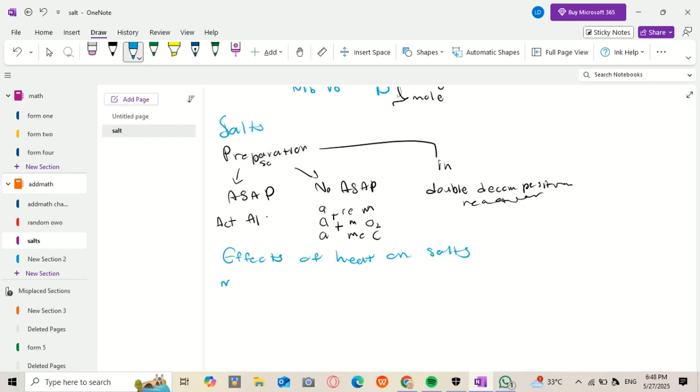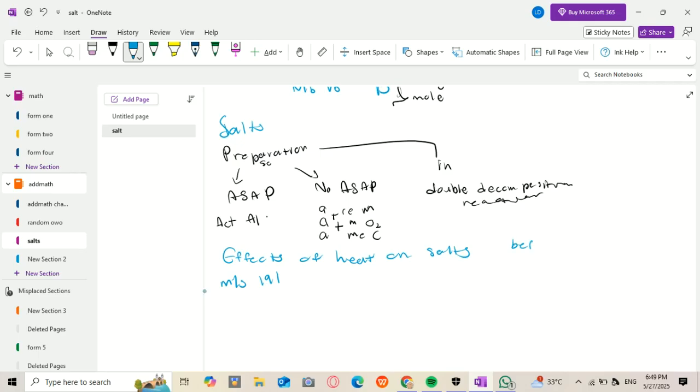So you go on the textbook and see page 191. The first thing is how to test for certain gases. You're not testing what gas it is, you just know the steps to identify it.